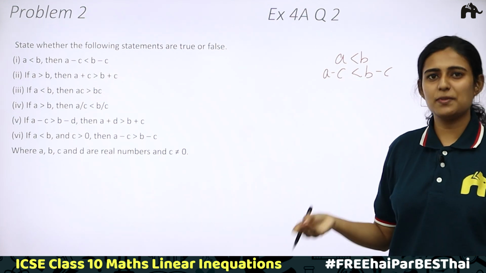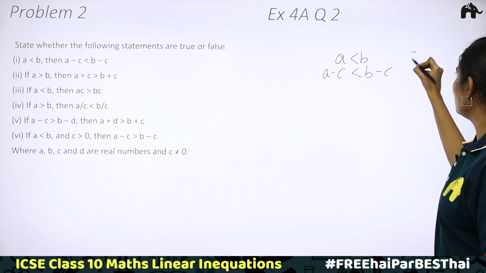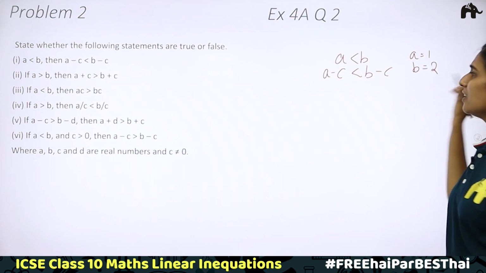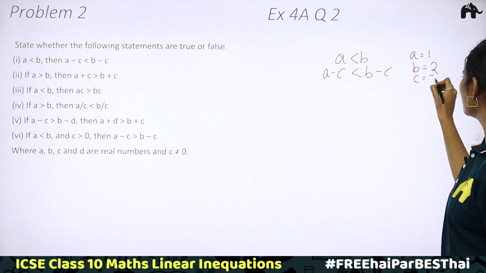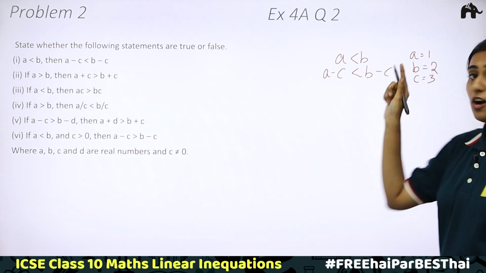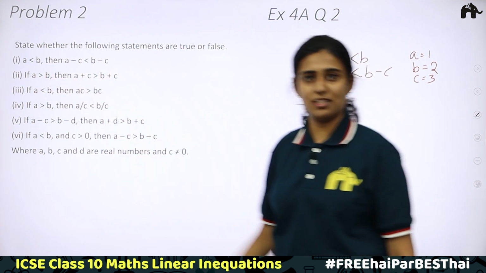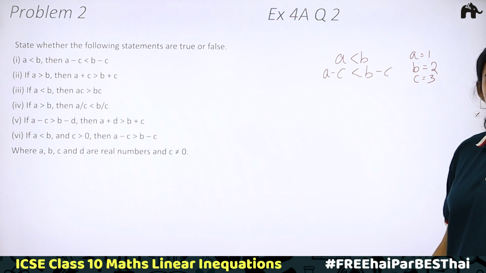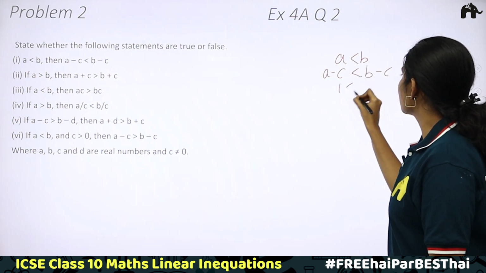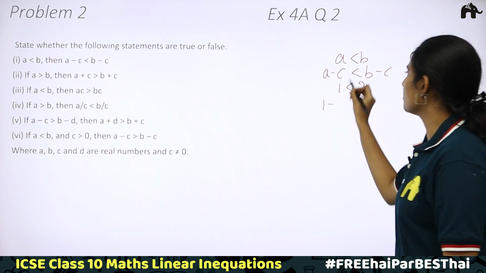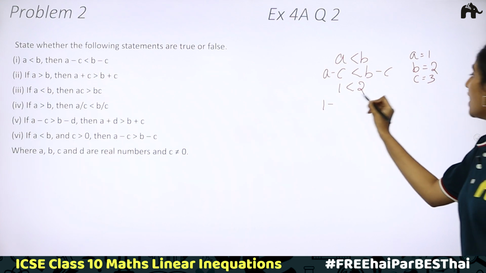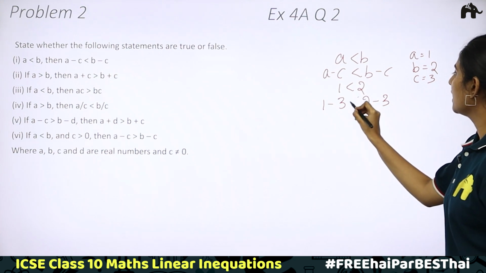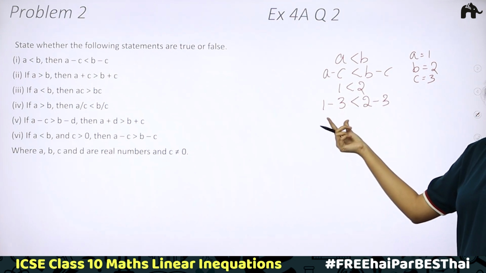If you take some random example, you can understand it easily. Let's take the value of A is equal to 1, value of B is equal to 2 and let C is equal to 3. We can put some values. It should obey the condition that A is less than B. Here I have taken A is equal to 1 and B is equal to 2. 1 less than 2. 1 minus 3 and 2 minus 3.